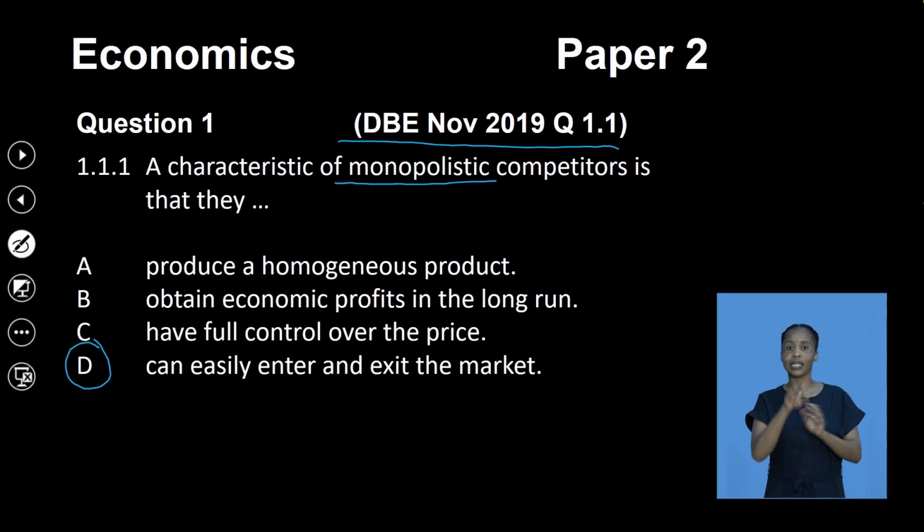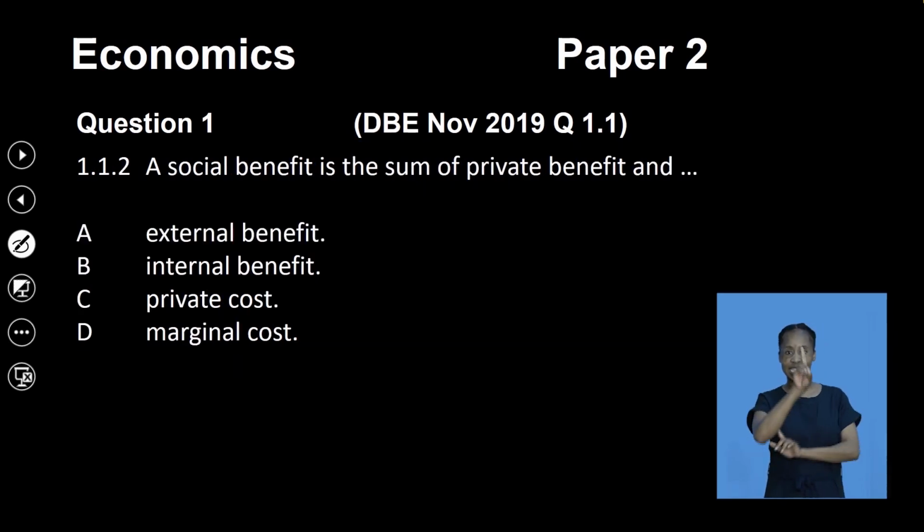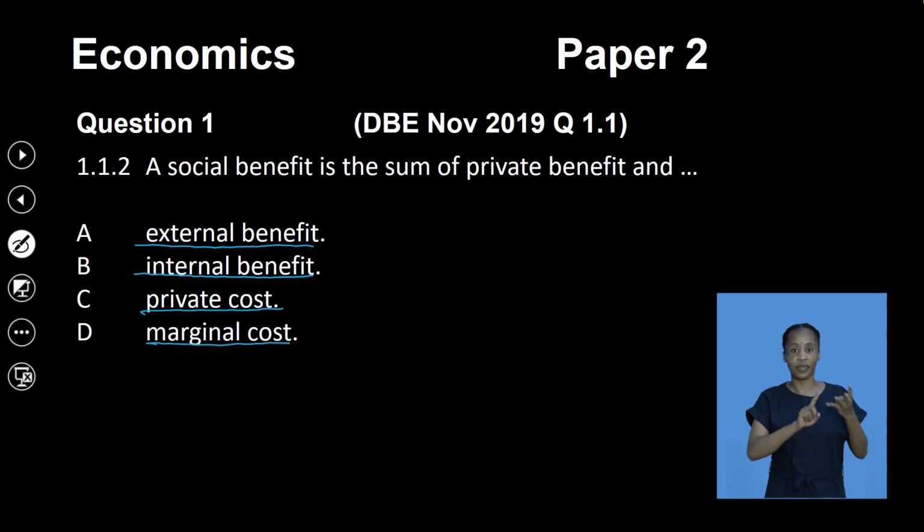Let's move on to the next one. 1.12 says a social benefit is the sum of a private benefit and... A says an external benefit. B says an internal benefit. C says a private cost. Then D says a marginal cost.